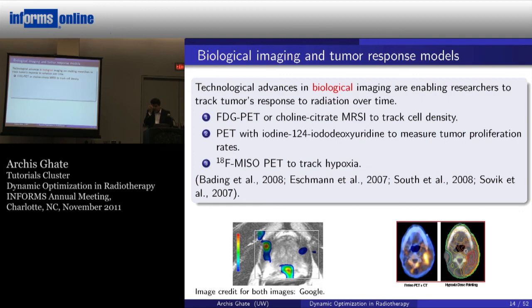These things can be used to track cell density, and I have a picture of that I found on Google. Remember the earlier picture that I showed you was similar to this, but that was MRI, which was an anatomical image. This is MRSI with a choline citrate tracer, which in some sense tells you how much tumor density there is in different parts of the tumor, okay?